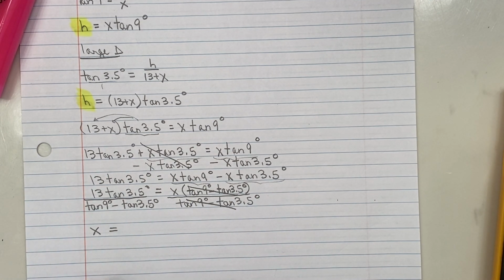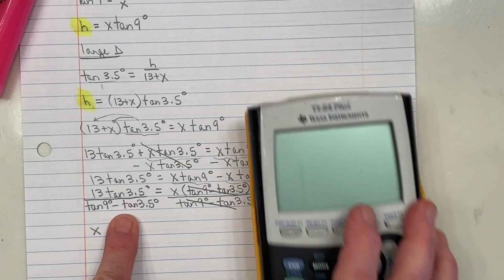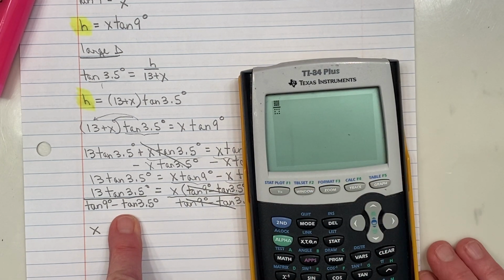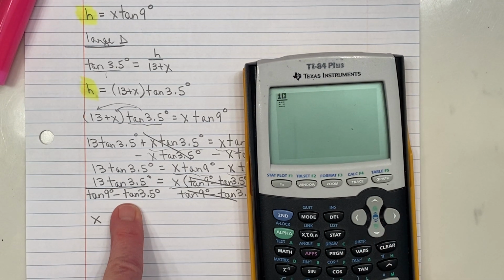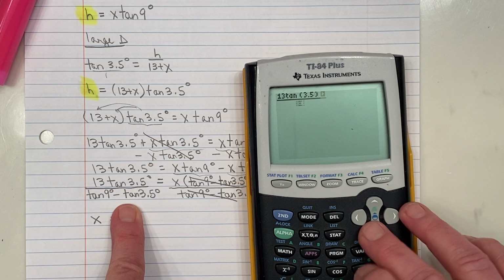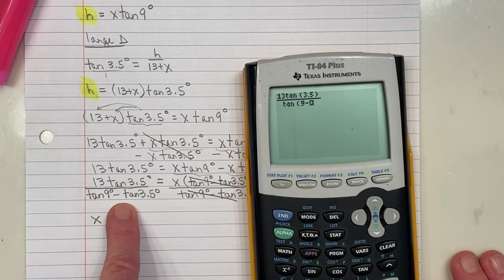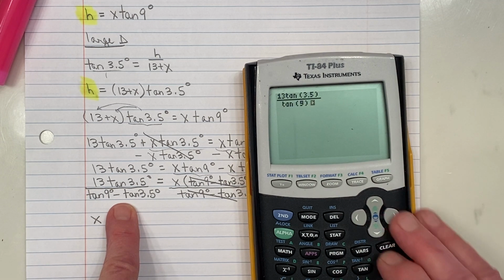So x equals, and I'm just going to set up this problem on my calculator, taking advantage of my fraction template. I believe I'm still in degree mode, so I should be good to go. Oh, I better close that parenthesis.